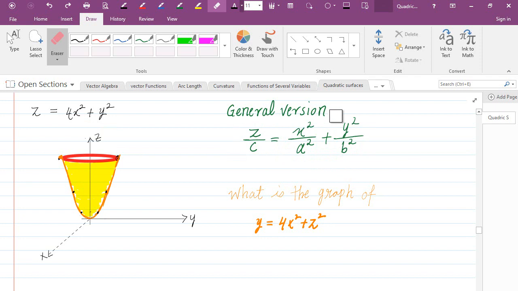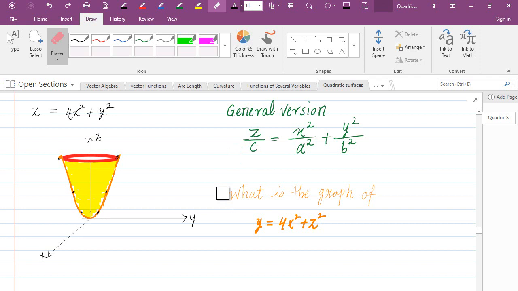So anytime you have an equation of this form, that's going to be an elliptic paraboloid. Now here c could be positive or negative. If c is positive, then you have a paraboloid that opens upward, and if c is negative, then you have a paraboloid that opens downward.